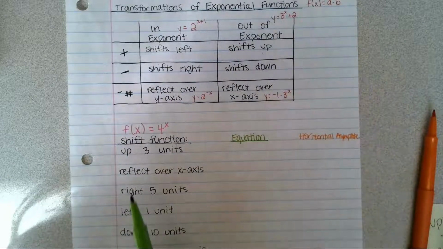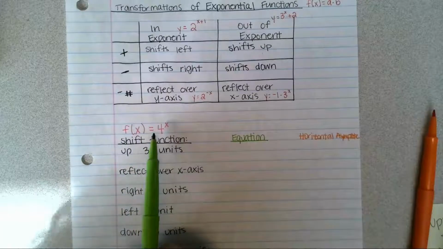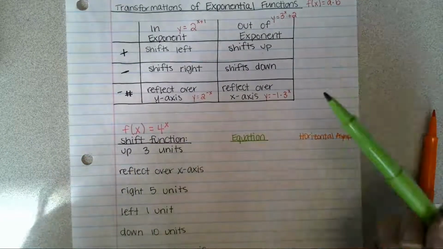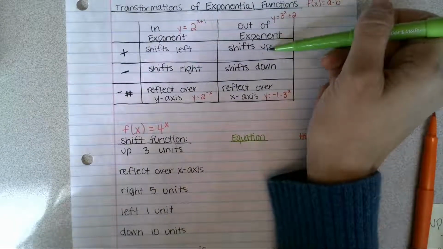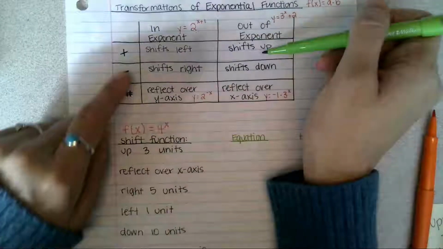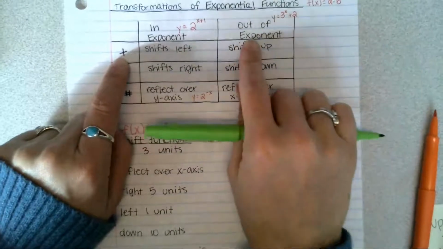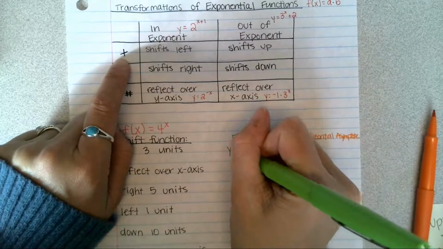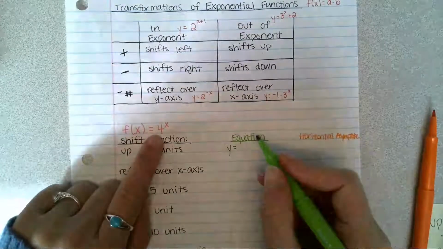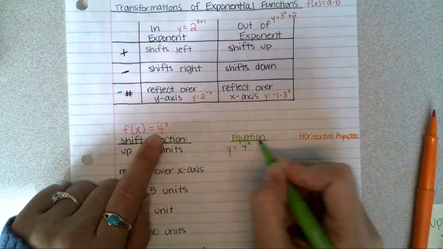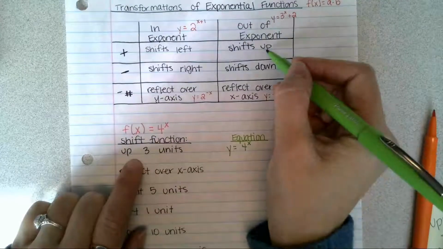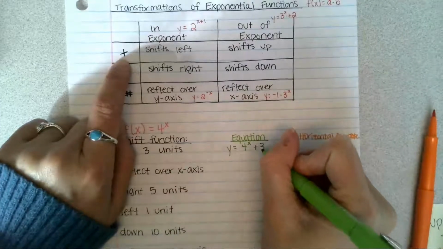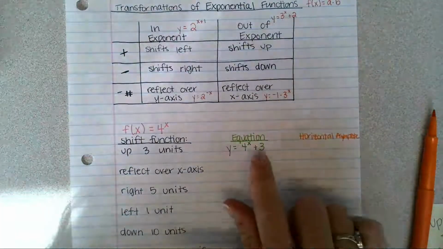So if we take the graph f of x equals 4 to the x and we shift it up 3 units, I'm going to find where it shifts up, which is right here, and that tells me that I am adding outside of the exponent. So my new equation is going to look like y equals, we still have to have our 4 to the x, and then I'm shifting up 3 units, which means I'm adding 3 out of the exponent. So it looks like this, y equals 4 to the x, and then plus 3.